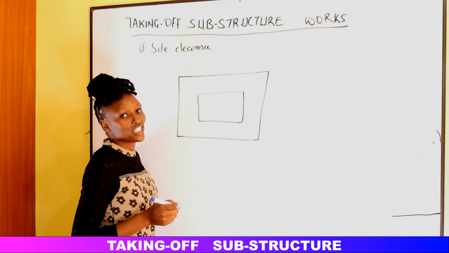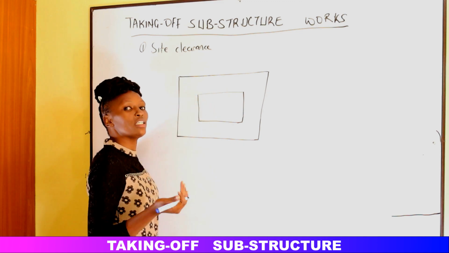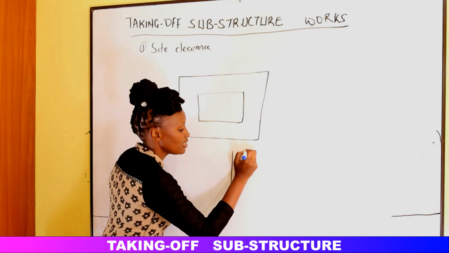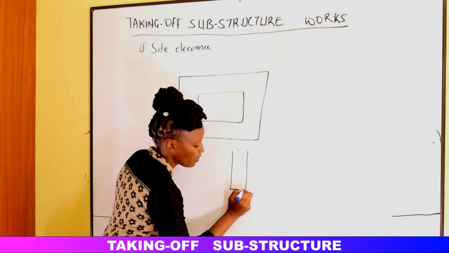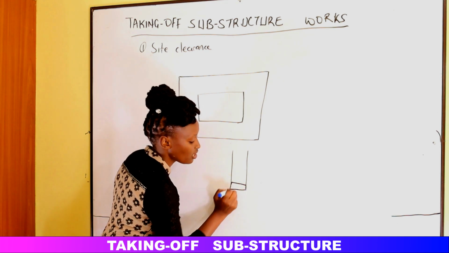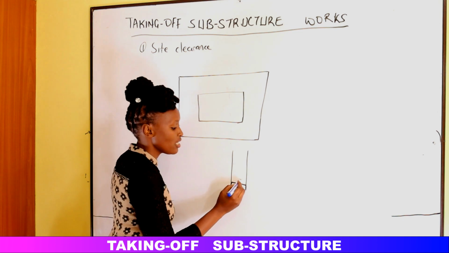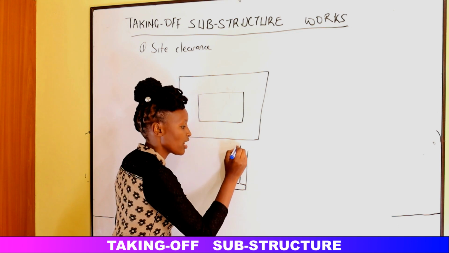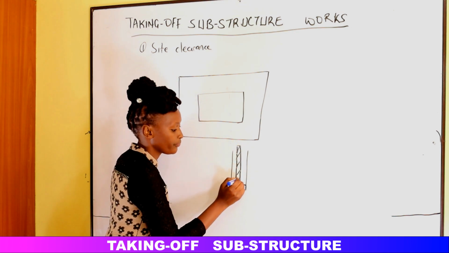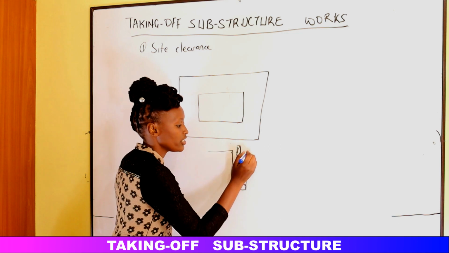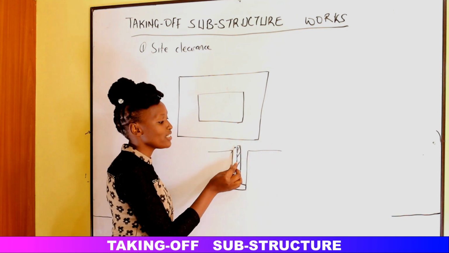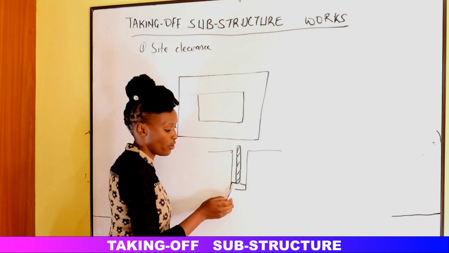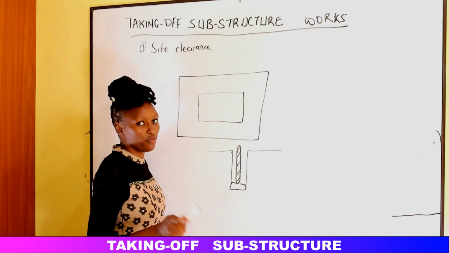When we are doing the trenches, the walls will be built on top of the trenches. Maybe this is the trench, and we have concrete below here, the strip foundation. Here we have the concrete. The wall will be positioned at the center of the foundation. So if this is the wall and this is the trench, we need to add this spread of the foundation because the spread is part of the building.